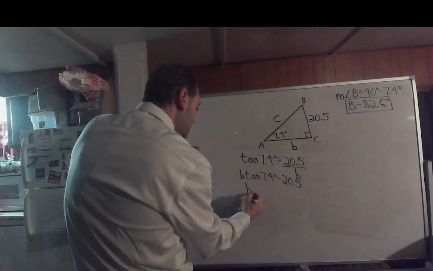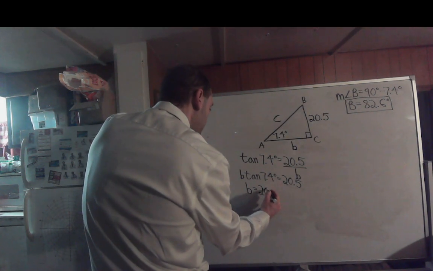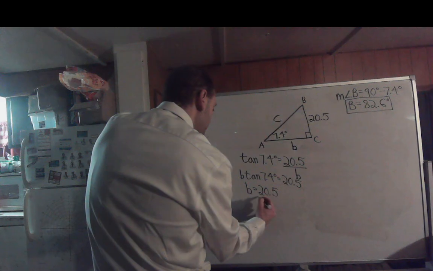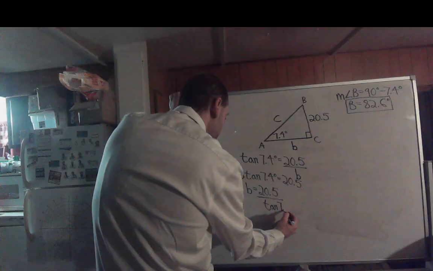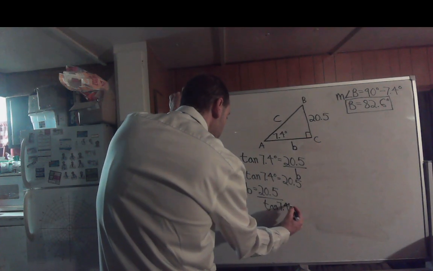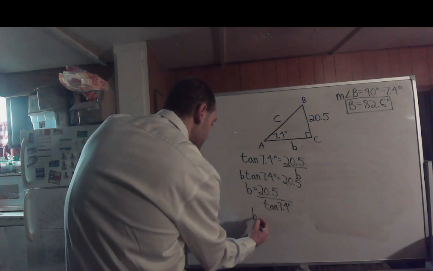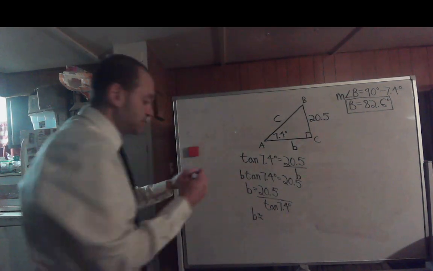So then B equals 20.5 divided by the tangent of 7.4 degrees. Now we should be able to get about a 2 decimal place approximation.